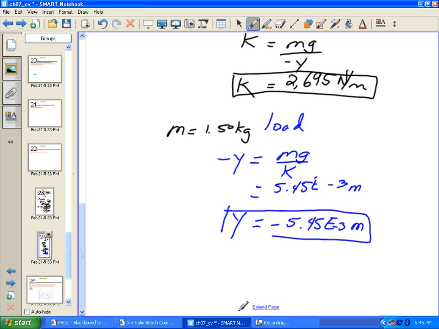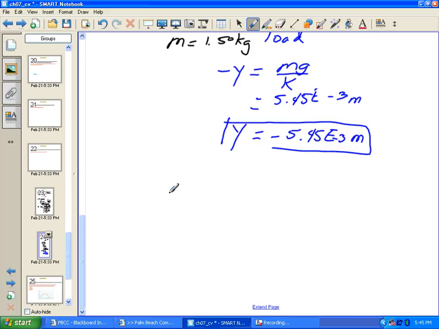Okay, now the last part of this problem asks us to determine the amount of work. So this is part C, this was part B. The amount of work which is done by the spring force when the mass undergoes a displacement of 0.02 meters.